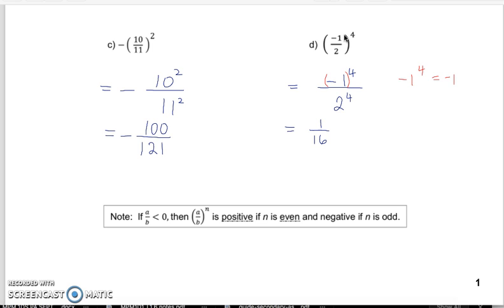The proper way to write this, if we're going to show our work, is to make sure as we distribute 4 to the numerator and denominator, we need to include brackets around any negative numbers. So here we have -1 in brackets to the power of 4 divided by 2 to the power of 4. The answer is 1/16.